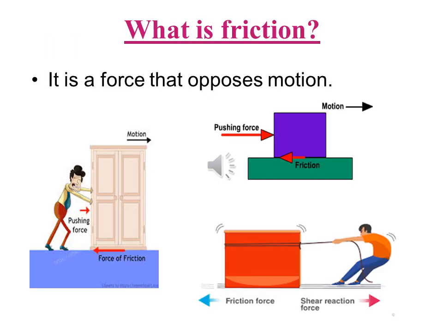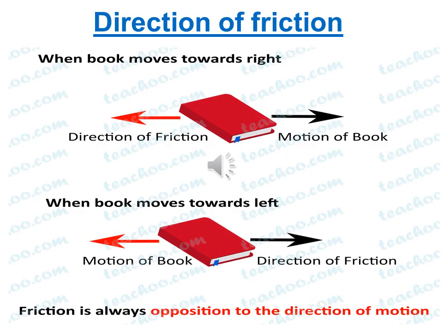In simple terms, what is friction? You know, the picture itself depicts it: friction is the force that opposes the motion of an object. So for any object that moves, there is a frictional force acting on that object. So friction is an opposing force that acts on a moving object.